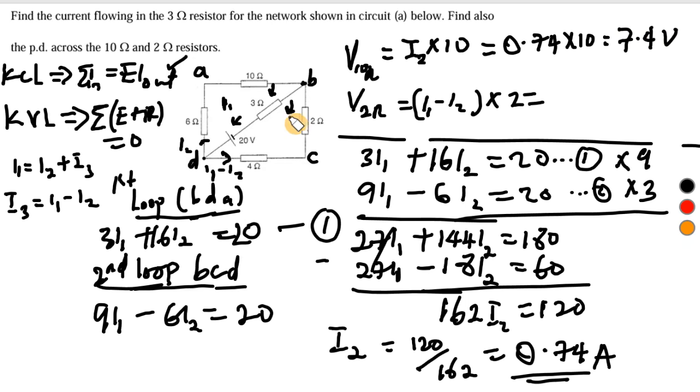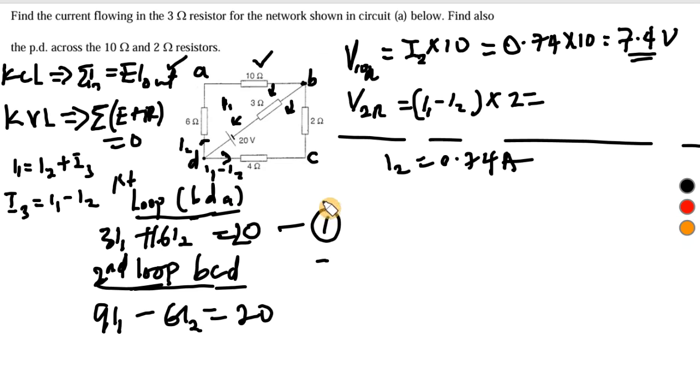So the potential difference across this 10 ohm resistor is 7.4 volts. So let us find I1 in order to calculate the potential drop across the 2 ohm resistor.